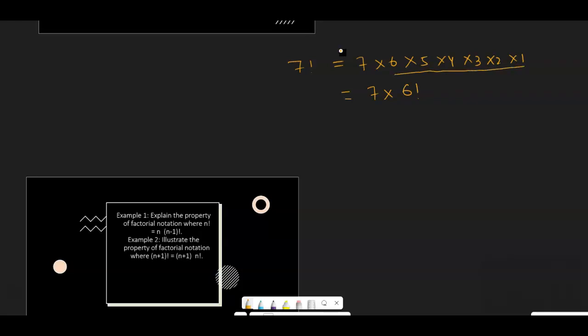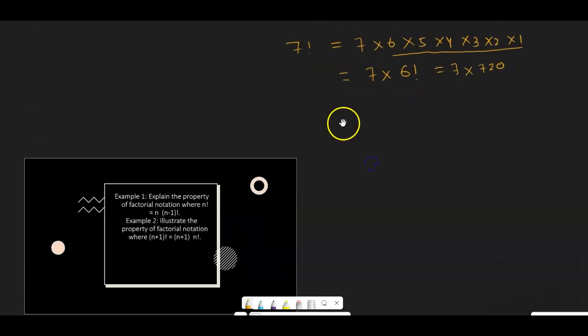If somebody remembers the value of factorial 6, they can write it as 720 and multiply to get the result: 7 into 720 is 5040. Factorial 6 also you can write as 6 into factorial 5, for better calculation.